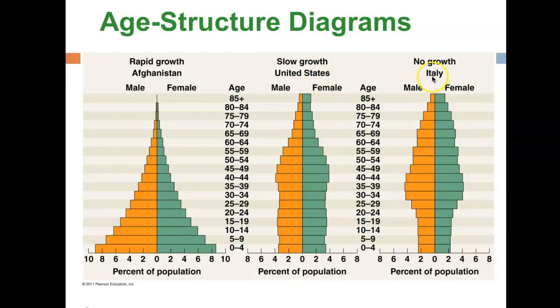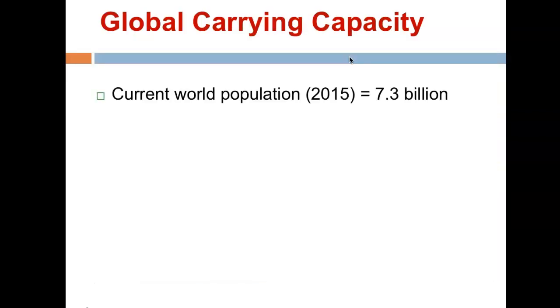And then, as we talked about earlier, Italy has zero growth. This is probably the best place to be because the country is more advanced, but we don't have as much of a threat to go into a negative growth like Italy could, which could cause their economy to suffer.